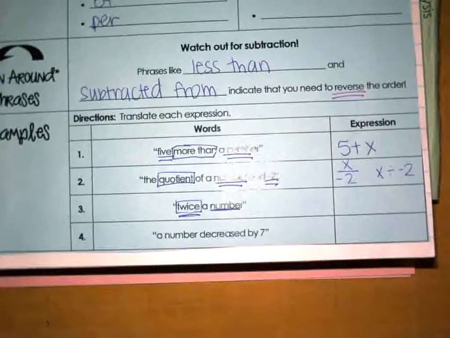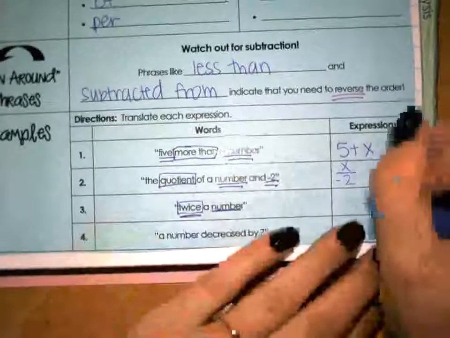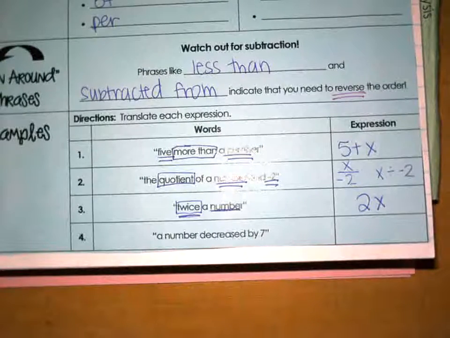Why should I circle and underline twice? Chloe? Twice tells you to multiply, but it also tells you by 2. Very good. Twice tells you to multiply, and it also tells you your number is 2, which means how do I write it, everyone? 2 times x. Nicely done.